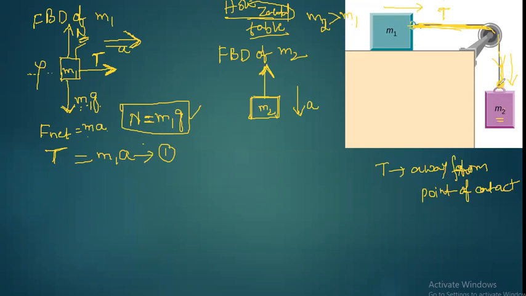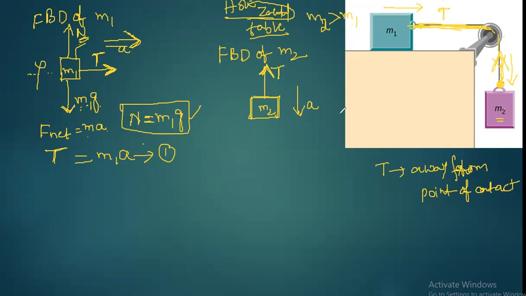At this point of contact, the tension is always acting away, so upwards. It is moving away from the point of contact. So this will be the direction of T.